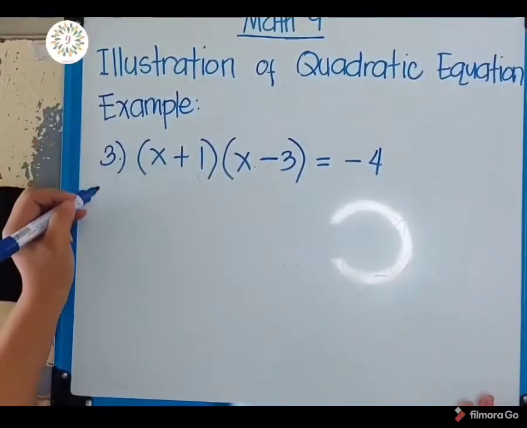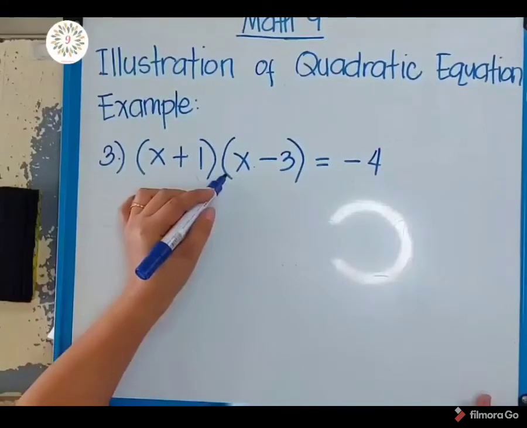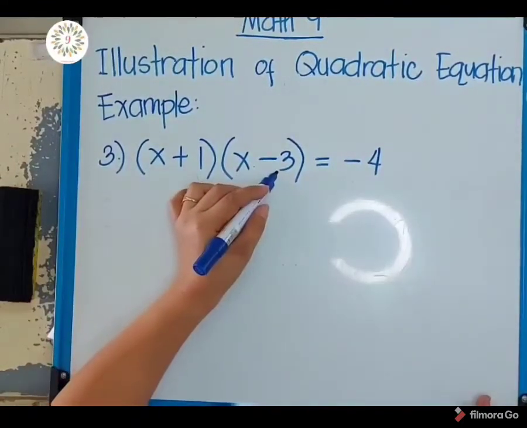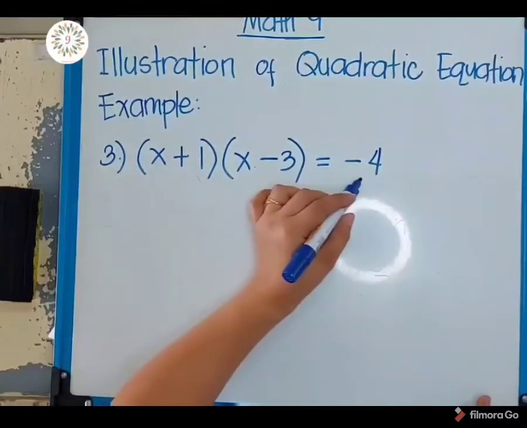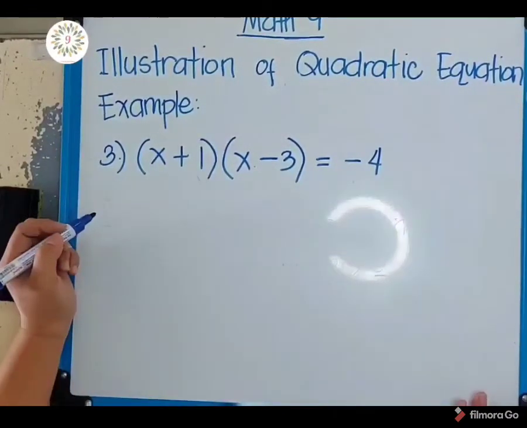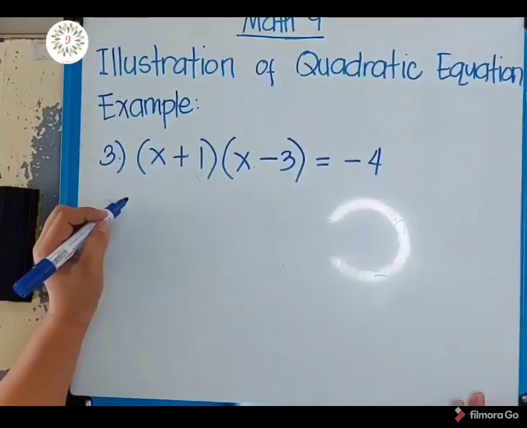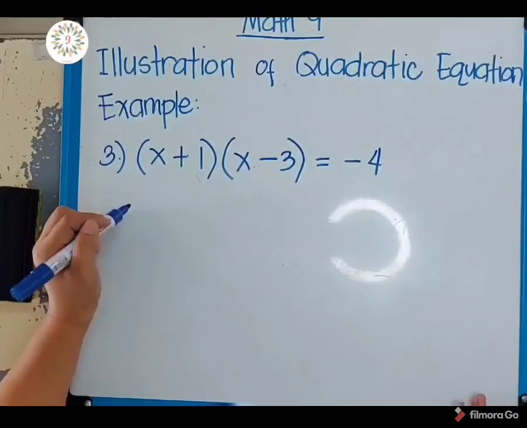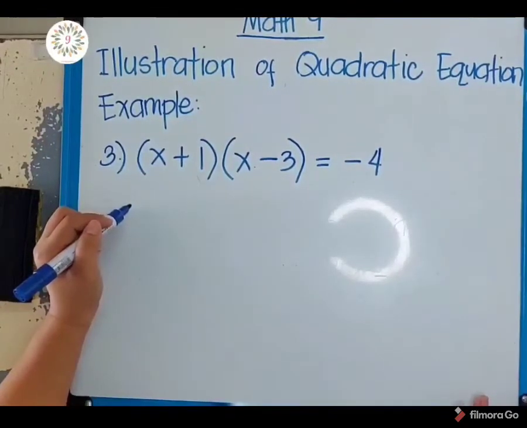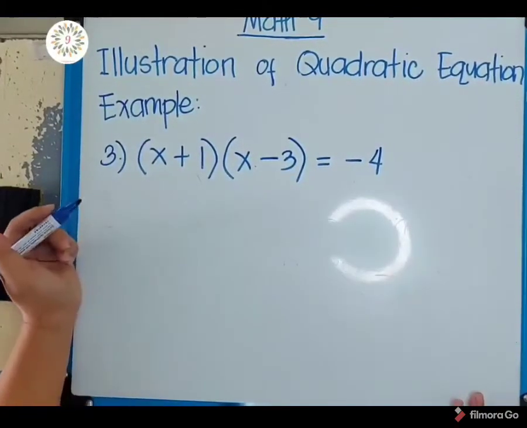Example number 3. The quantity of x plus 1 times the quantity of x minus 3 equals negative 4. In this example, we cannot yet tell if it is a quadratic equation or not, so let us first simplify the given equation.